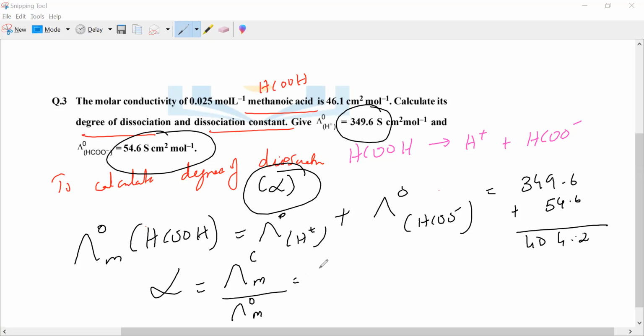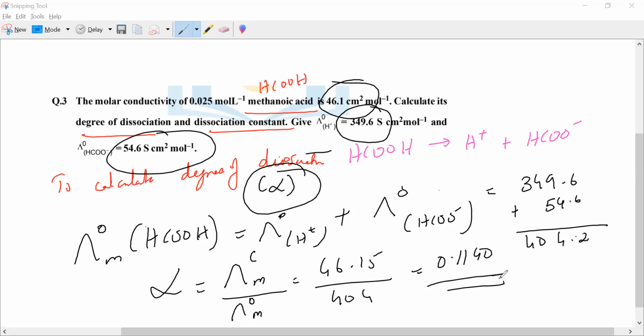So at a particular concentration, what is the value given in the question? 46.1. But at infinite dilution, what we found out? 404. So 46.15 by 404. This will give 0.1140. That's it. This is my alpha value. Alpha value is 0.1140.